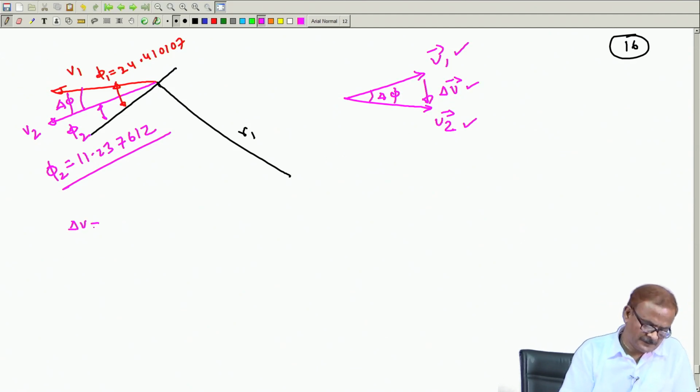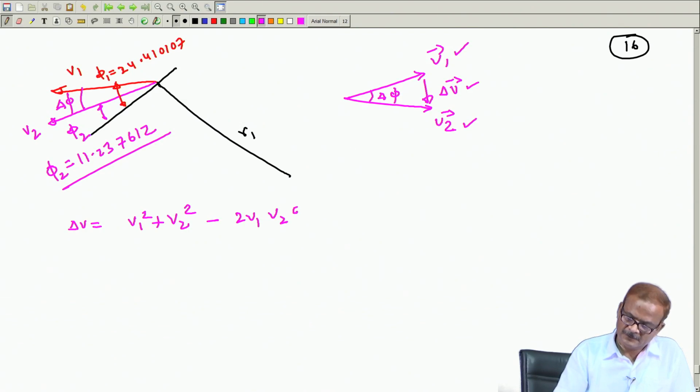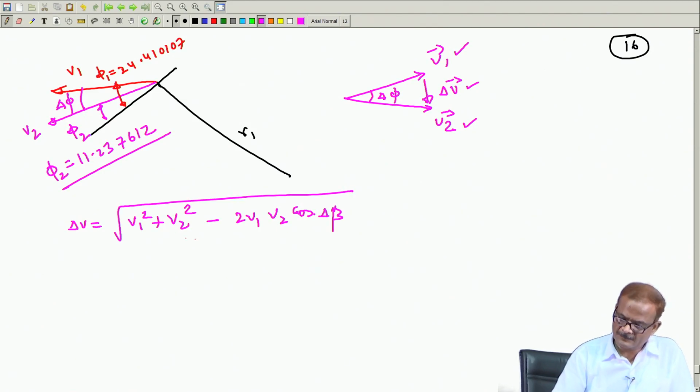So, delta V will be equal to V 1 square plus V 2 square minus 2 V 1 V 2 cos delta phi. You can look at this triangle here and construct it using the parallelogram rule. This will come again in the trajectory transfer, because most of these things are from the orbit part. So, I have done this problem here.